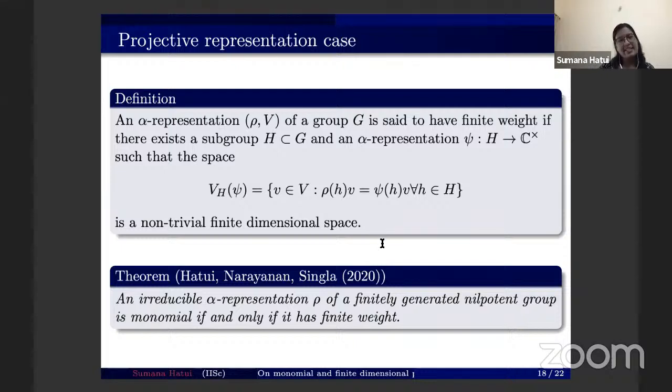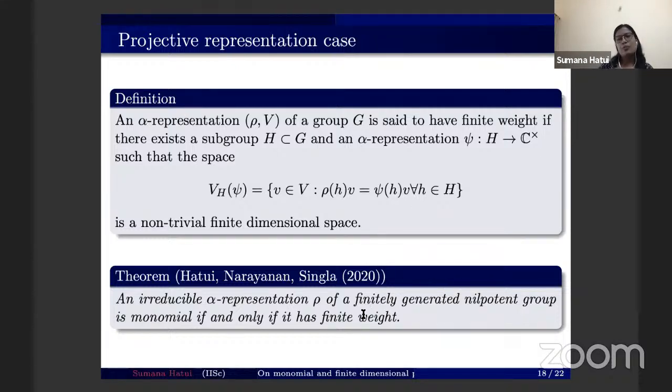In this case also the result goes through as in the ordinary representation case: an irreducible alpha representation rho of a finitely generated nilpotent group is monomial if and only if it has finite weight. Finite weight in the sense of alpha finite weight, maybe I can say, because I'm taking an alpha representation here. So you have to work with that alpha finite weight.